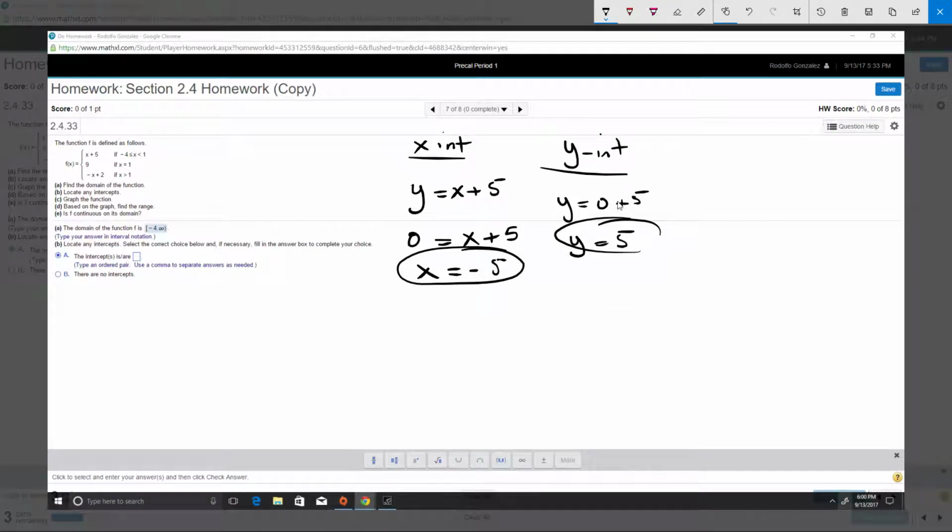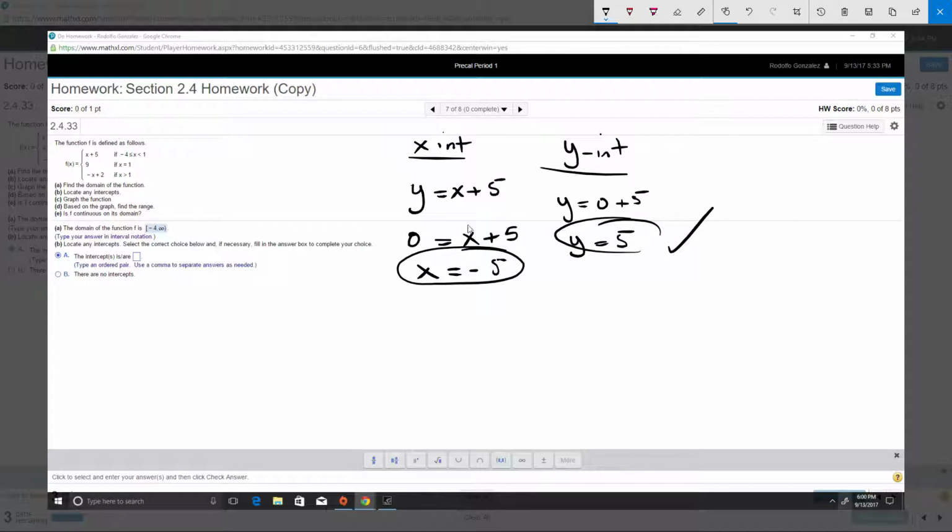So notice here that for the first function, we do actually have 0 in our domain, right? So we can plug in 0 for x. So this would be okay still. But if our domain did not include 0, then obviously this wouldn't be our y-intercept, right? We wouldn't even be able to test it because it's not even in our domain, right? So be careful with that.